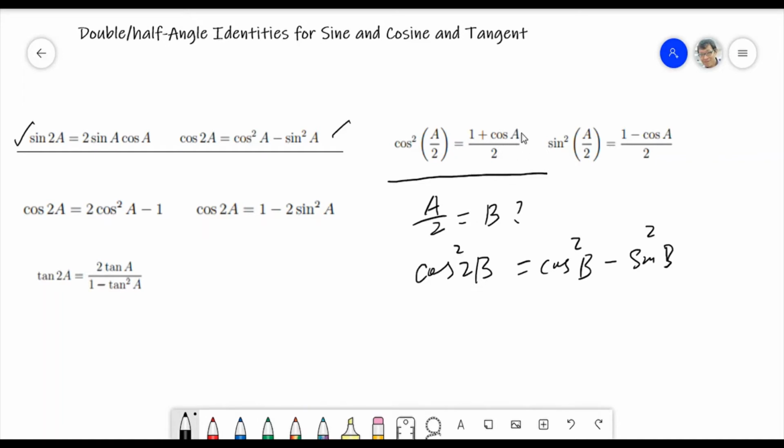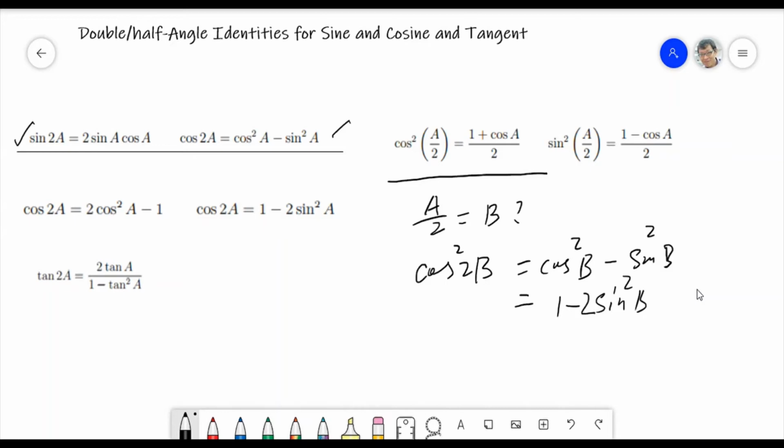So what we need to find is cosine b. Cosine squared b is equal to 1 minus sine squared b, right? And the minus minus will become plus.